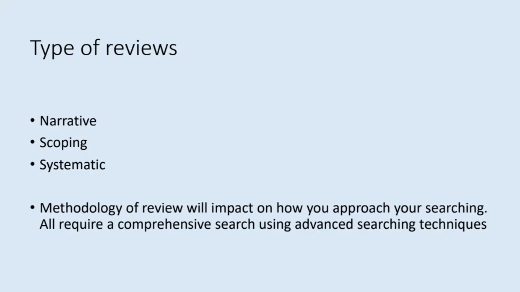So just to give you a little bit of an overview of the different types of reasons we tend to see, and all of the ones I can see in the chat fall into these, in my view. So we have narrative reviews, and that is usually where you're having a really broad look across all of the current literature in your particular topic area, and as some of you have said, you're trying to get a comprehensive overview of the topic to date, highlight significant areas of research, and identify gaps.